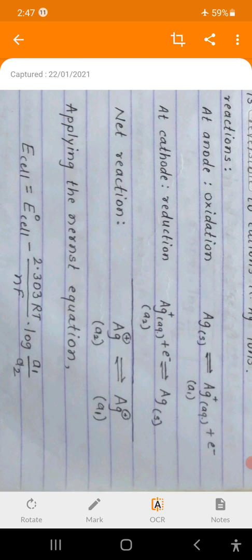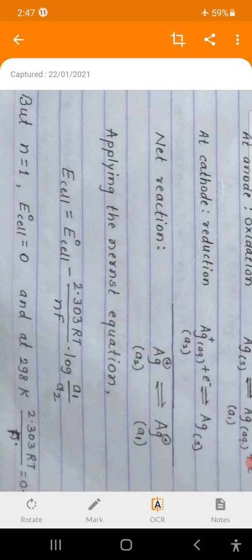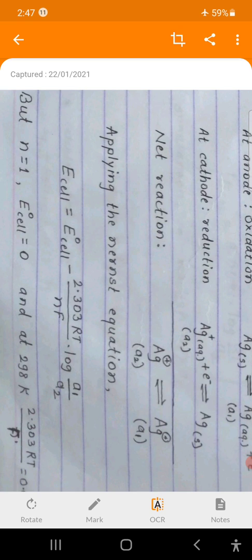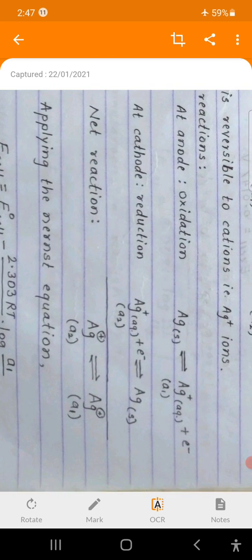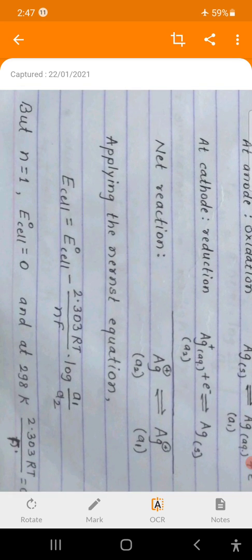By cancelling common factors, the net cell reaction becomes Ag+ having concentration A2 in equilibrium with Ag+ having concentration A1. By applying the Nernst equation, E cell is equal to E standard cell minus 2.303RT upon nF log of A1 upon A2, reactant side upon product side from the net cell reaction. Electron transfer is 1, therefore n is 1.